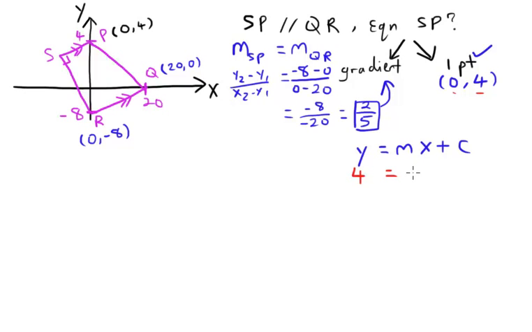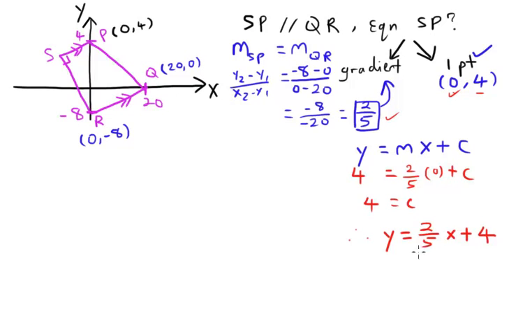Your m is 2/5. x is 0, plus c. Therefore, c is 4. Therefore, your equation is y equals 2/5 x plus 4. That's how you do it.